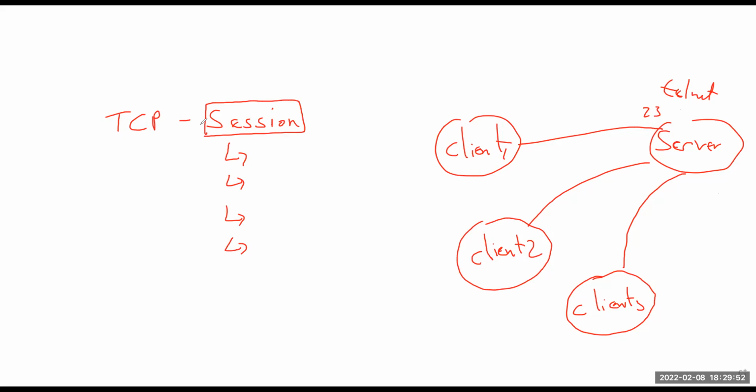The definition of it is a combination of different clients connected to the same server. Well, it's basically the session. You know, this is session 1. This is session 2. How does the server know?